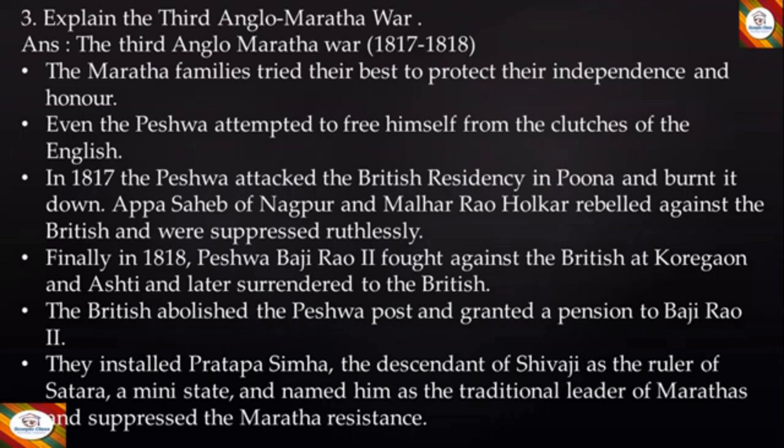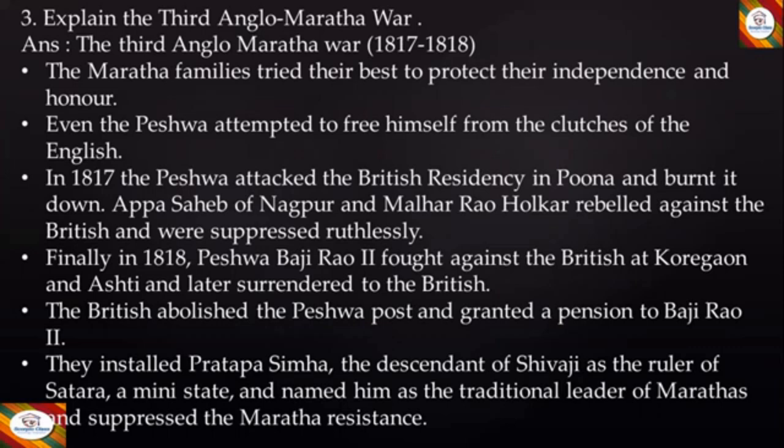In 1817, the Peshwa attacked the British residency in Pune and burnt it down. Appa Sahib of Nagpur and Malhar Rao Holkar rebelled against the British and were suppressed ruthlessly. Finally, in 1818, Peshwa Bajirao II fought against the British at Koregaon and Ashti and later surrendered to the British.